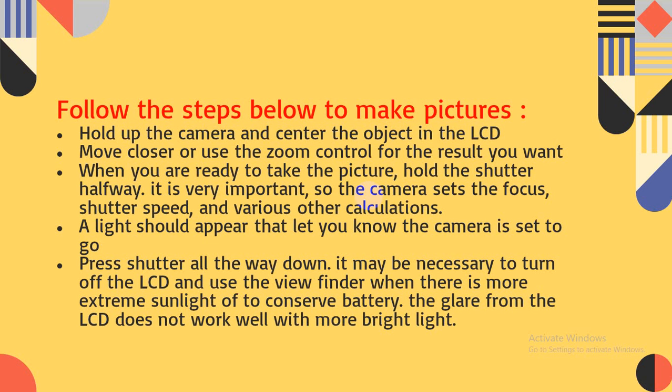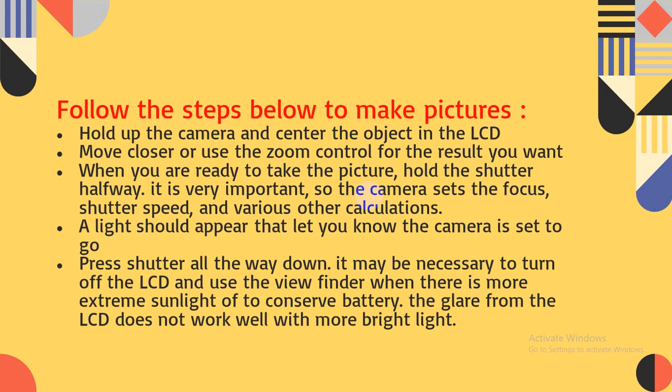And the last one is press the shutter all the way down. It may be necessary to turn off the LCD and use the viewfinder when there is extreme sunlight, to conserve battery. The glare from the LCD does not work well with bright light.